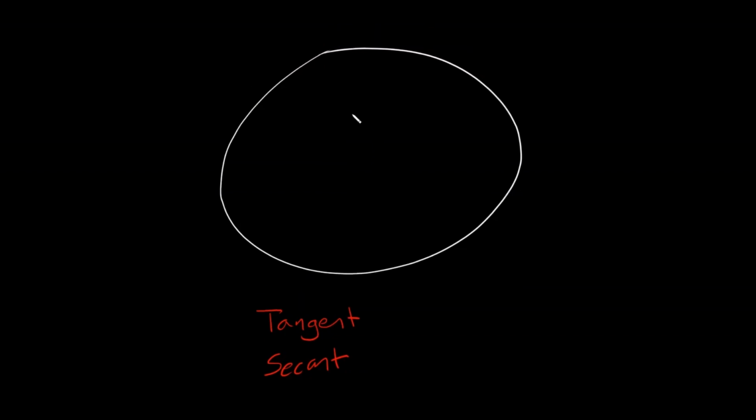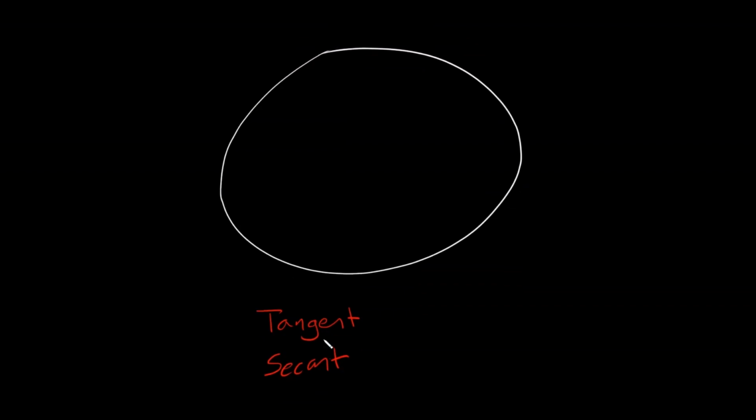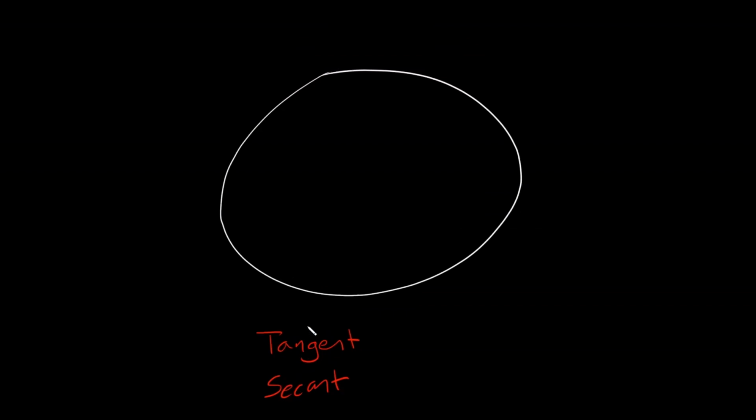And lastly, I want to discuss the difference between a tangent and a secant of a circle. So I'll write this here. Tangent and then secant. And these look like pretty complicated and weird words, but they're really not. Both of these are terms that describe how many times a line intersects a circle.